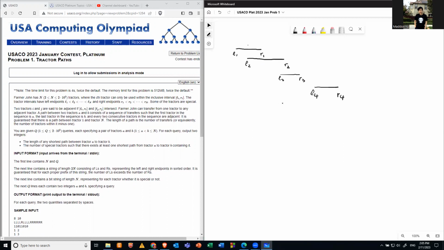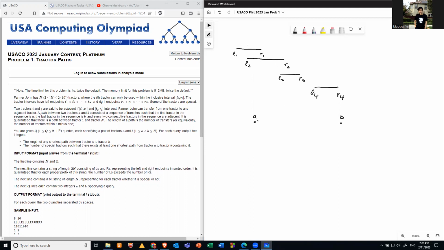How to solve this problem? Let's say you want to go from tractor A to tractor B. I'll just use a single point to represent each tractor. You can see this tractor can go from here to here to here, from 1 to 3.